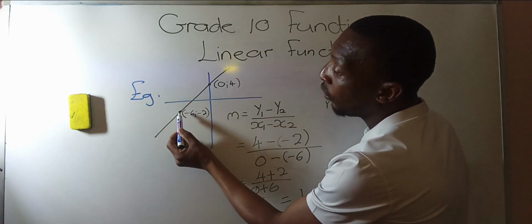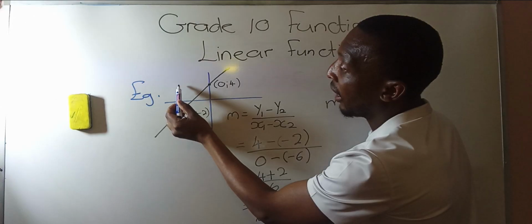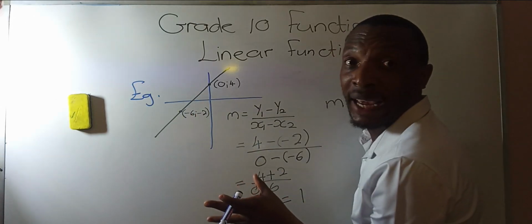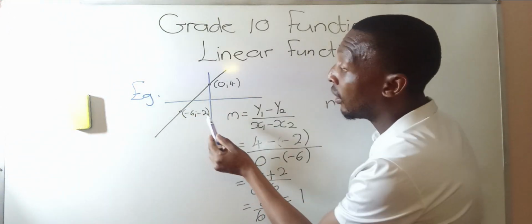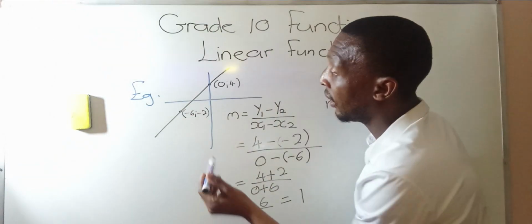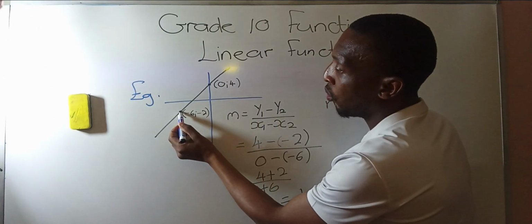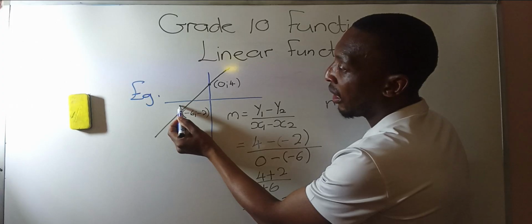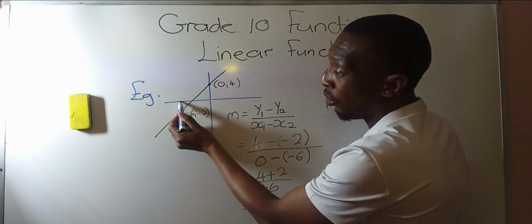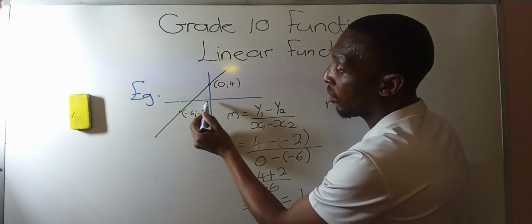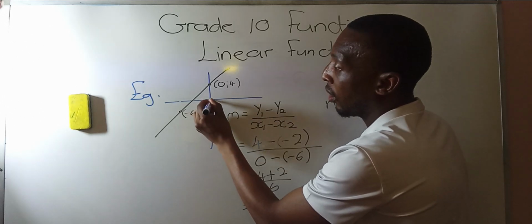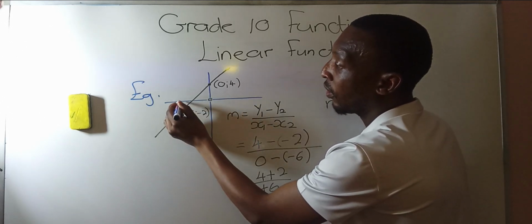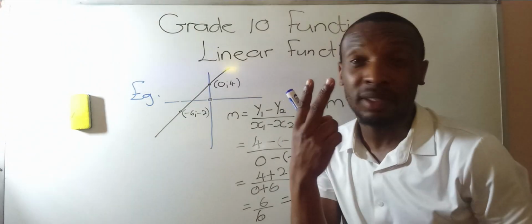All right, so how many units is it from here to here? Okay, you're going to look at the y coordinates because we're moving vertically. So this is at -2, okay? And that's going to be -1 somewhere, then that's going to be 0. Remember, the y coordinate of this point is 0. So that's already 2 units, okay?